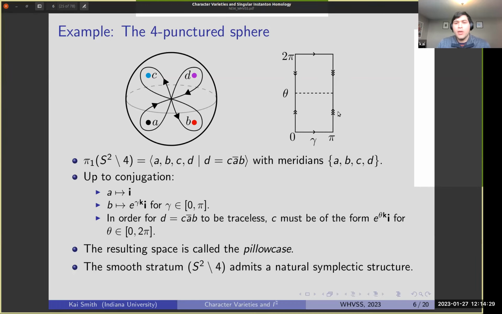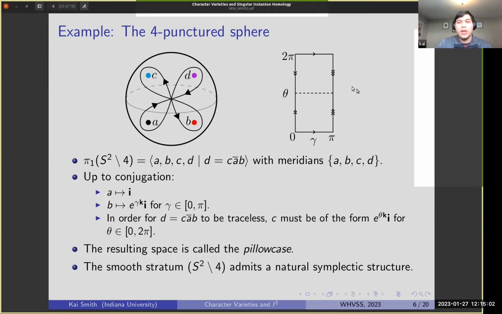This resulting space is homeomorphic to a two-sphere with 4 singular points, and it's called the pillowcase. You can probably see that if you fold along this crease and then glue along the edges, you would get something that looks like a pillowcase. So that's where that comes from. Results from Atiyah, Bott, and Goldman tell us that whenever we have the character variety of a surface, the smooth stratum admits a natural symplectic structure.